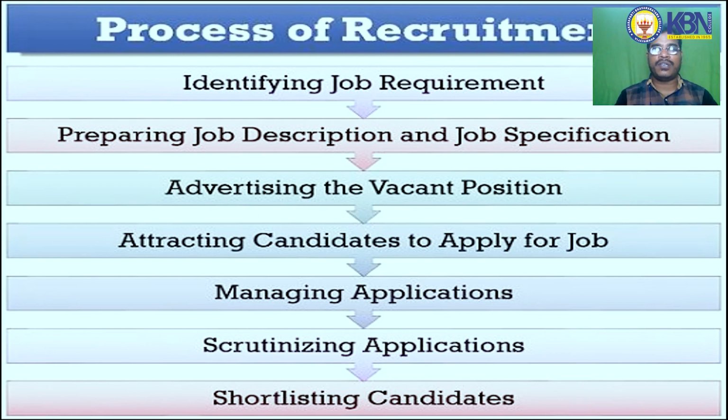Once you get enough applications, we need to scrutinize them, which means we need to sort out and delete all the unqualified candidates, the unwanted resumes or applications among the flood of applications. And finally, you need to shortlist the candidates and inform them to attend an interview.